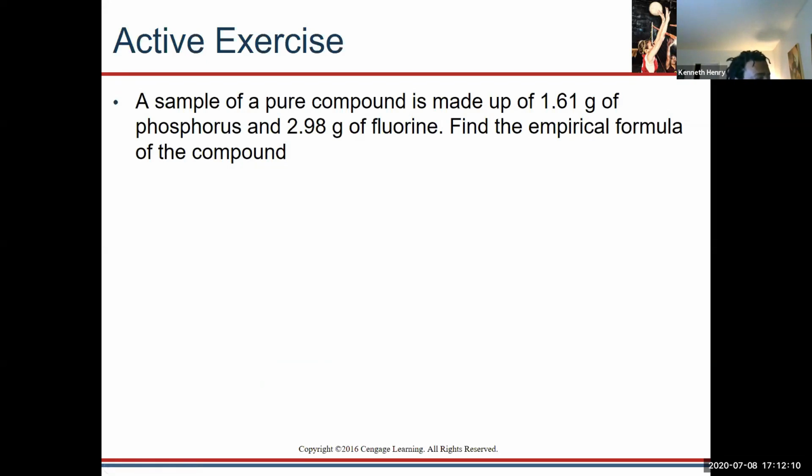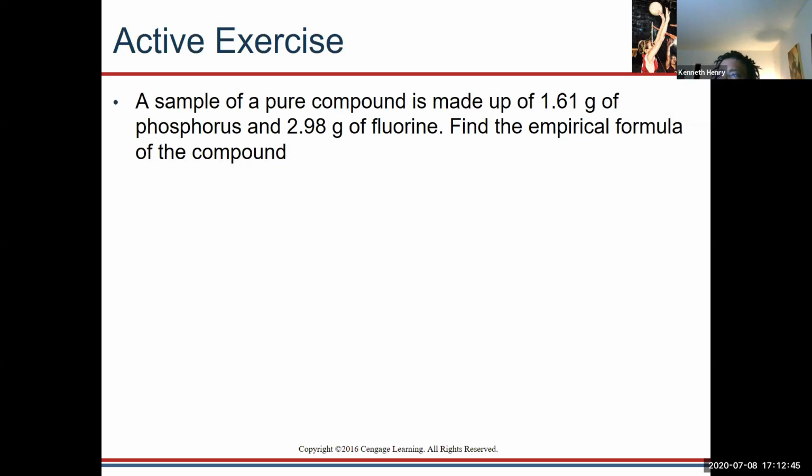Let me write something down so I don't forget. A sample of a pure compound is made up of 1.61 grams of phosphorus and 2.98 grams of fluorine.